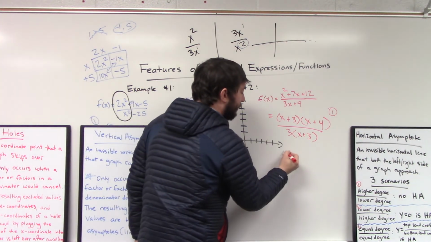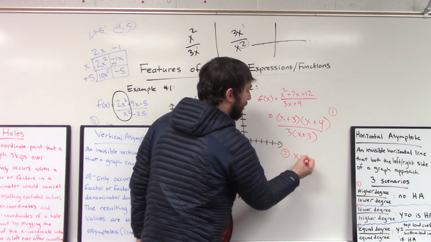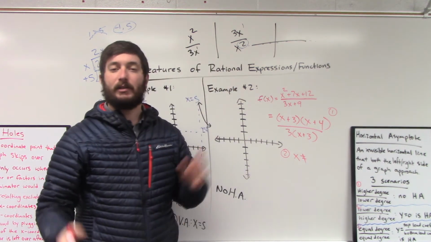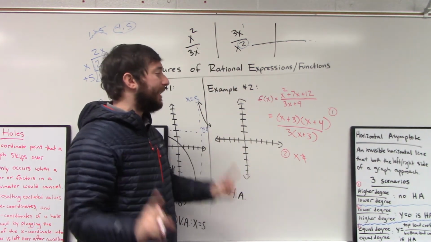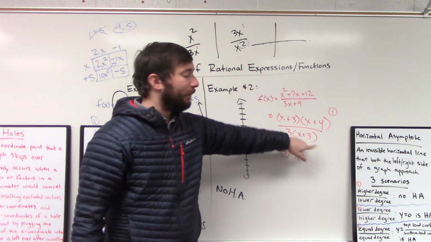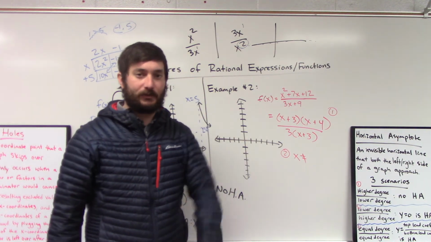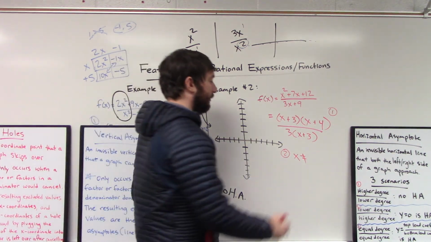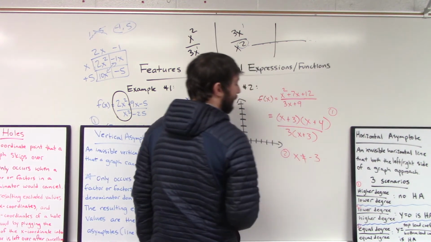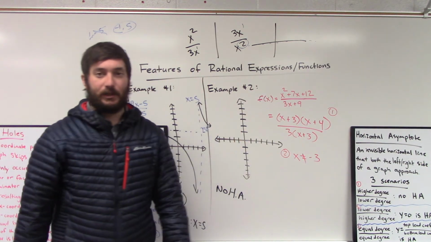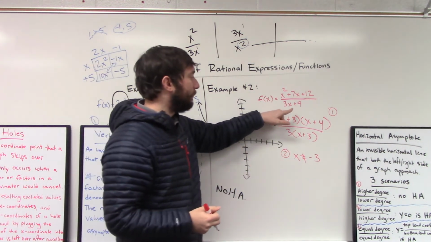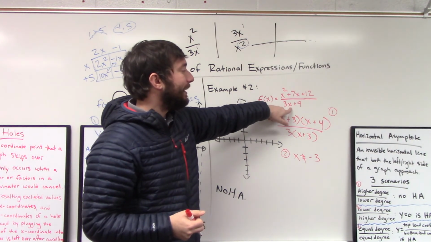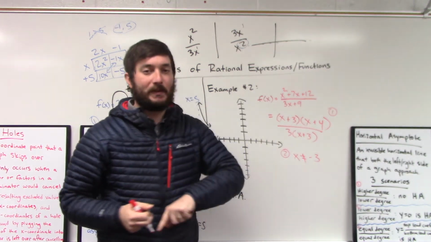Then look for excluded values. Step 2, what can x not equal? Again, you can't divide by 0, but x can equal 0 because 0 plus 3 is 3. You can divide by 3. You cannot have x equal negative 3. Negative 3 plus 3 would be 0. Or if you look back to the original problem, 3 times negative 3 is negative 9, and negative 9 plus 9 would be 0.